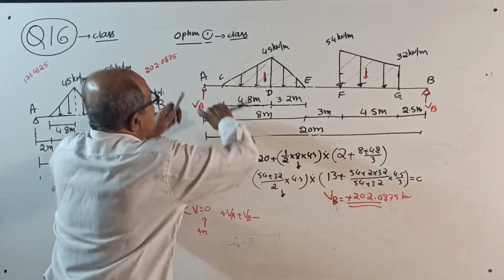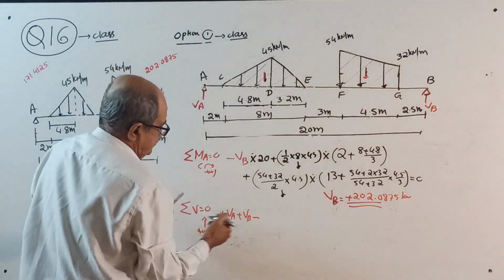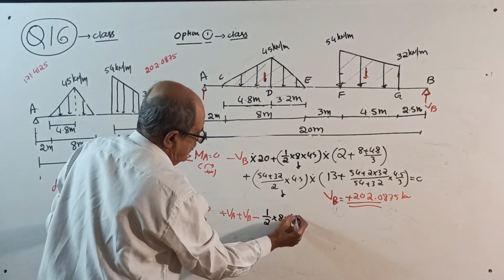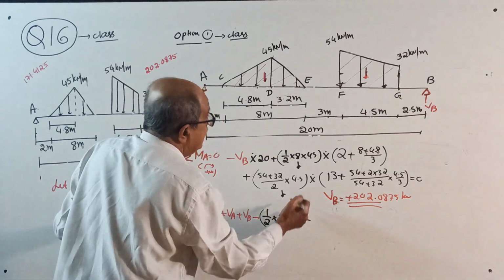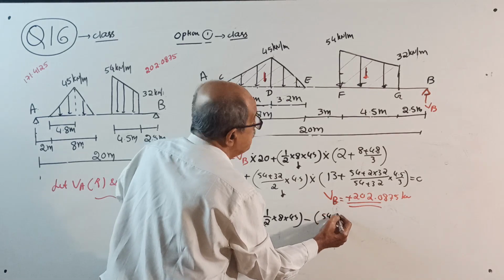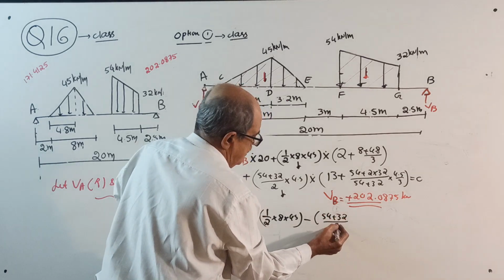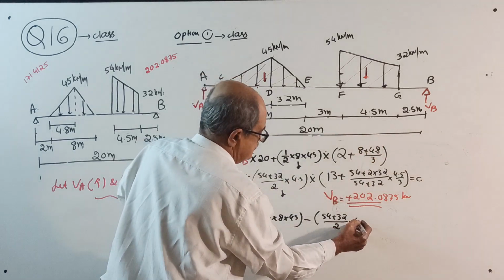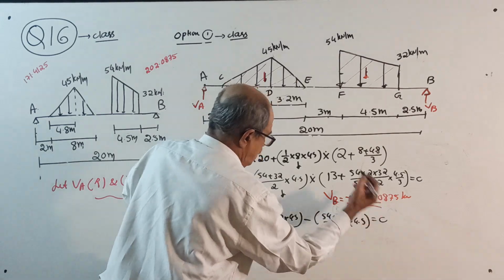Minus this total load, only load, half into 8 into 45, again minus this total load, 54 plus 32 divided by 2 into 4.5, equal to 0.